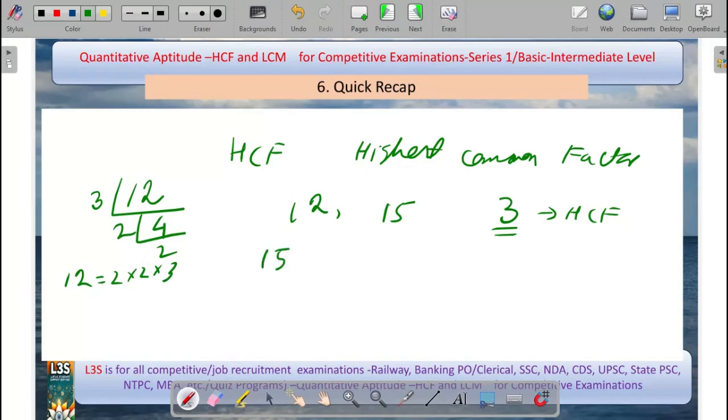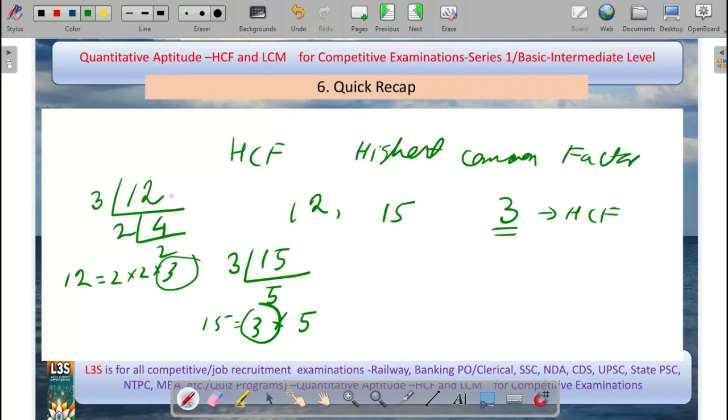Now 15 is equal to 3 into 5. Now if we see the common factor here, it is 3. So this is the highest common factor.